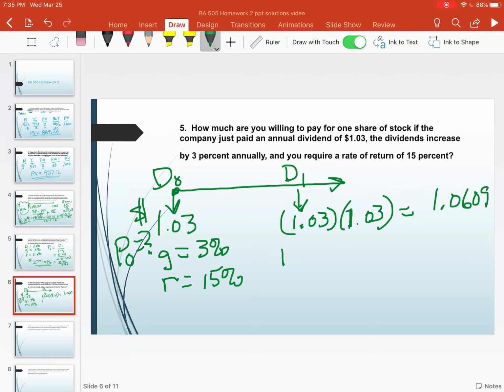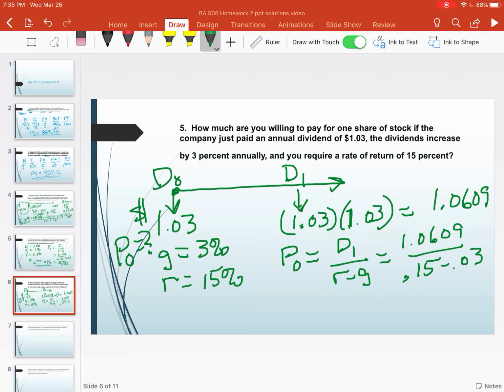And our formula now is, we can put this to use. So P sub 0 is equal to D sub 1 divided by R minus G. And in this case, that is equal to 1.0609 divided by 0.15 minus 0.03.